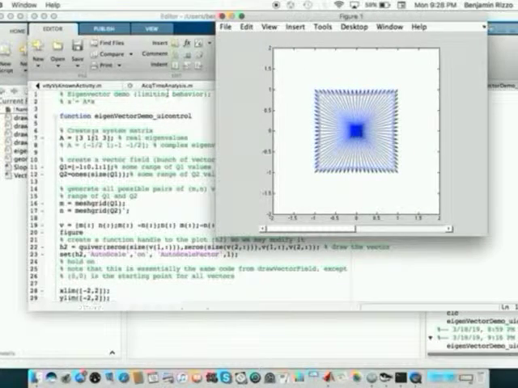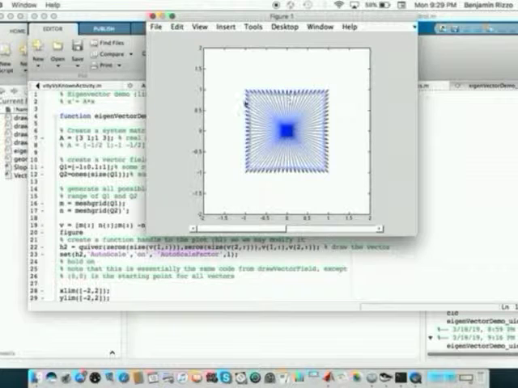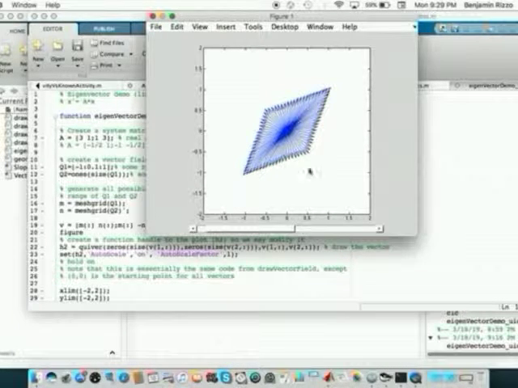The matrix that I chose to use was A equals 3, 1 in the first row and 1, 3 in the bottom row. And what I would like to do is operate on this set of vectors and see what this system matrix does to it. So if I operate once, this is what we get.